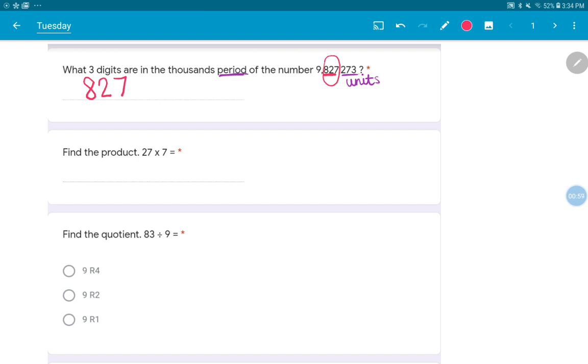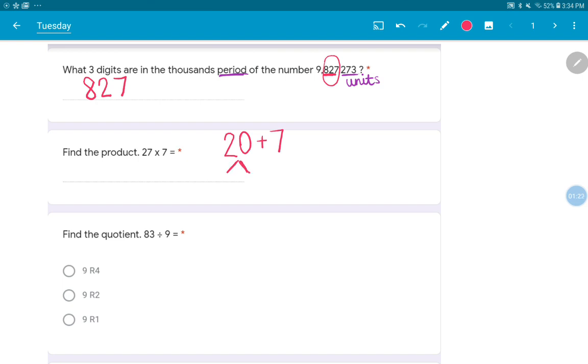To find the product of 27 times 7, we could use repeated addition, but we need to start moving to some more efficient strategies than repeated addition. So let's break 27 into expanded form. 20 plus 7 equals 27.